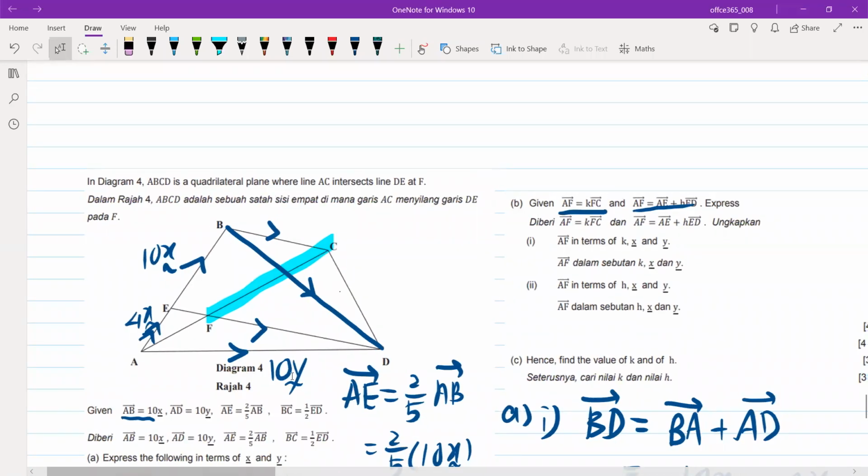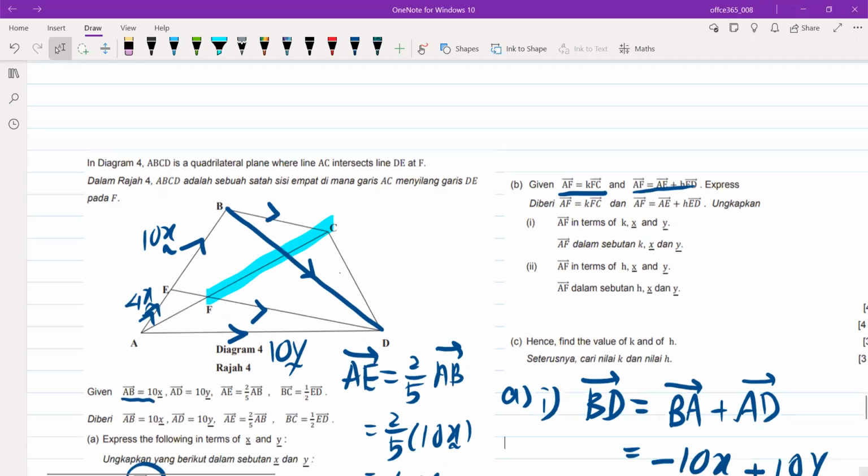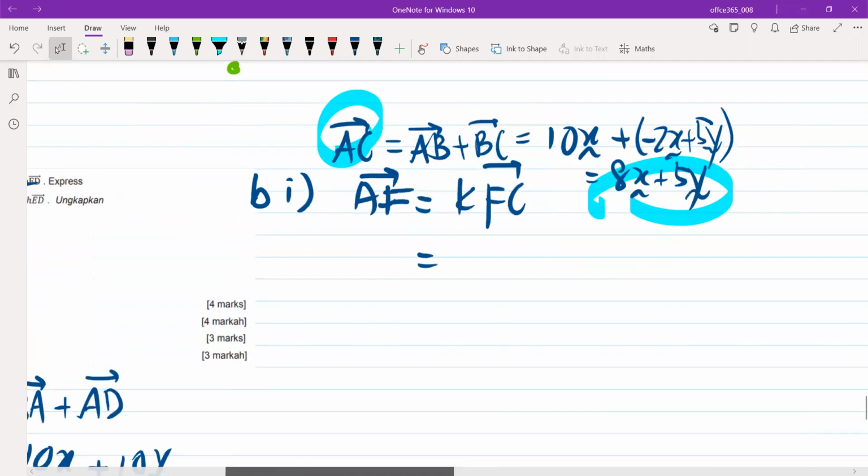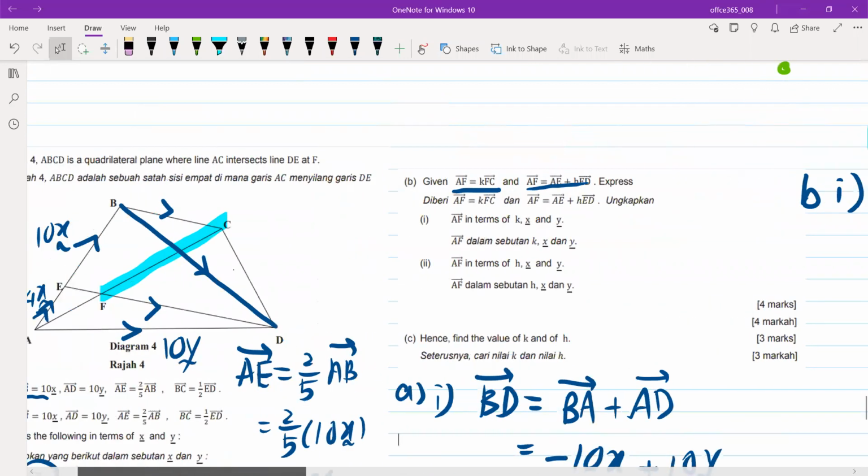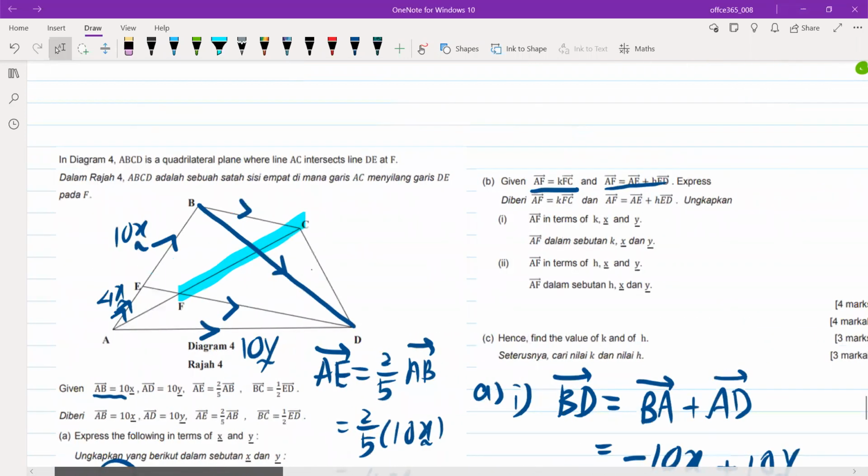What else can you link? So difficult, right? I need you all to check. You should get that AF is 12x minus 5y. Okay, 12x minus 5y. You see where you get the answer?